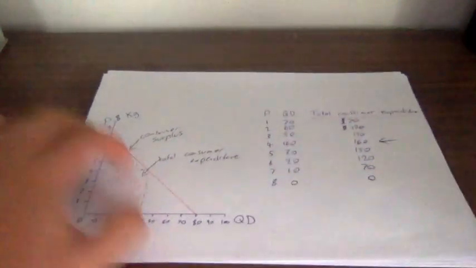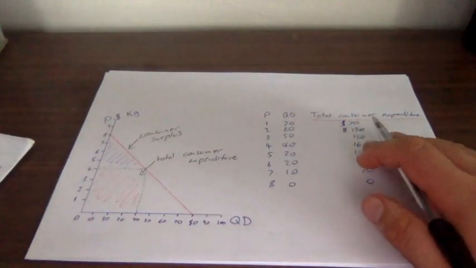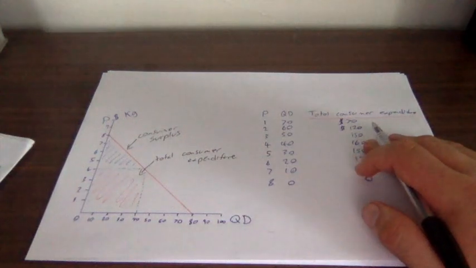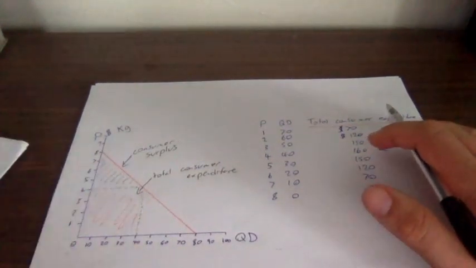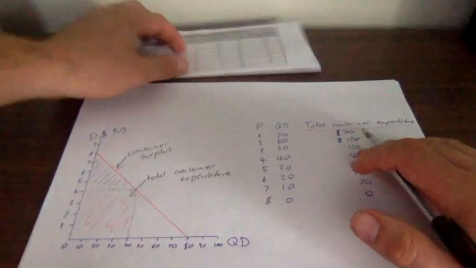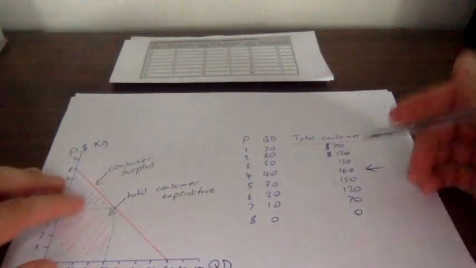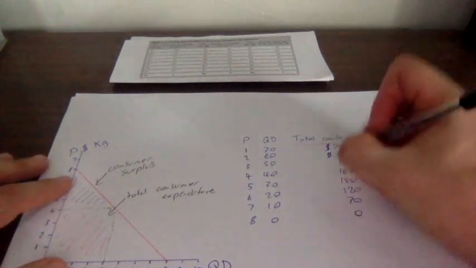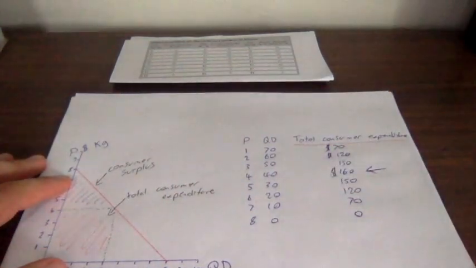So that's pretty much what that indicates. That's graphing the market demand. That's us working out our total expenditure, which is this area here, which we've worked out to be $160. And we've also worked out our consumer surplus.